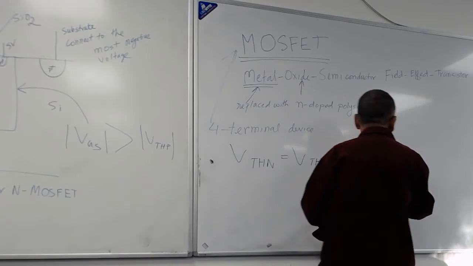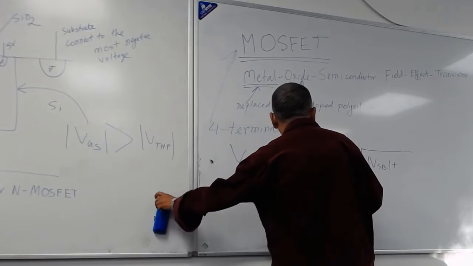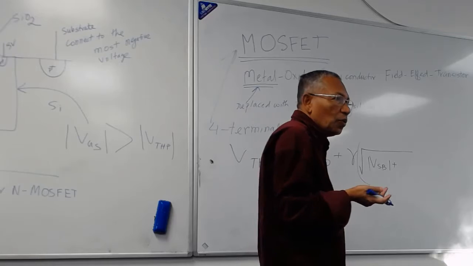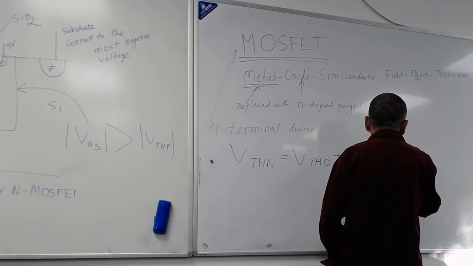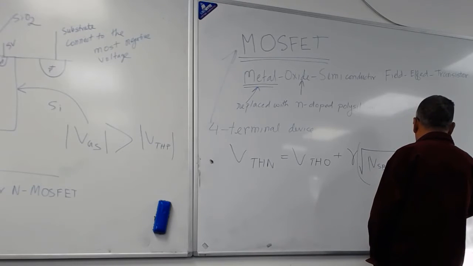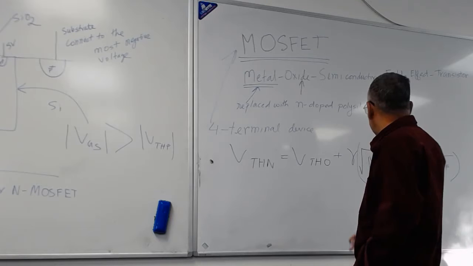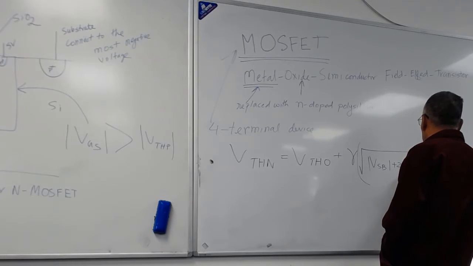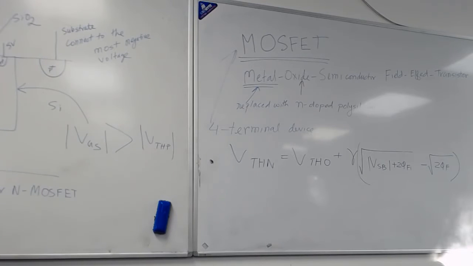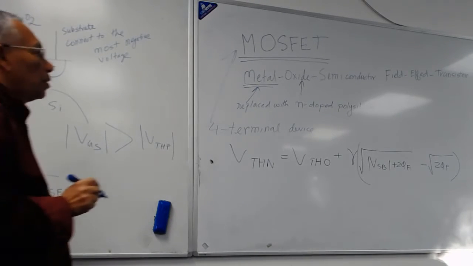It's a bit complicated, okay? But you don't have to deal with this much here. I'm just showing you. You won't be asked to calculate this value or anything. For the PMOS you can put a P here.